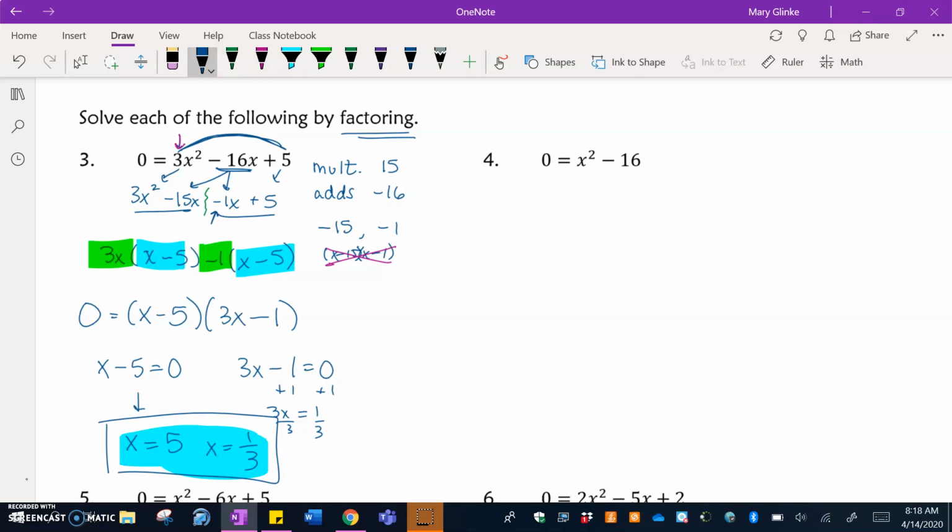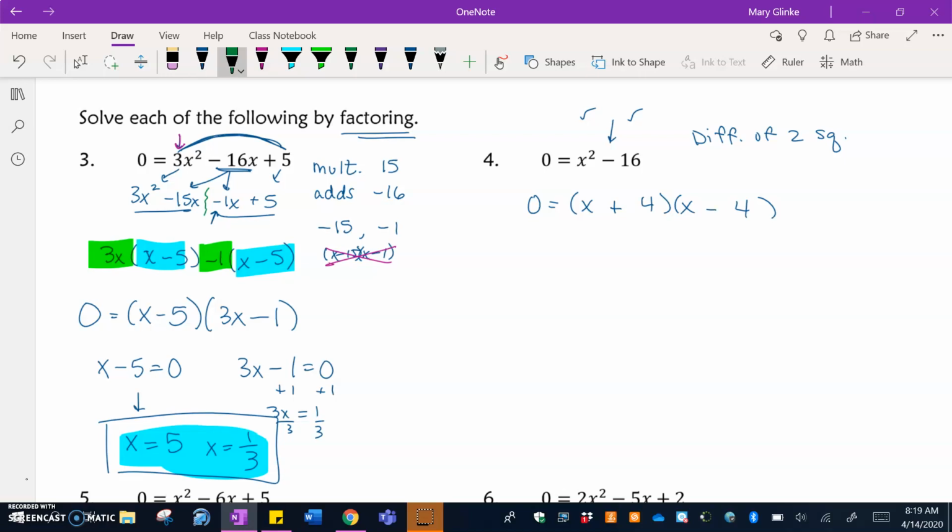For the next one, I'm going to also factor. I notice that there are two terms separated by the minus sign, and I can actually square root both of these. So I'm going to use difference of two squares. I'm going to write down my parentheses right away. I'm going to take the square root of my first term, which is x, and the square root of my last term, which is 4. One's going to have a plus, one's going to have a minus.